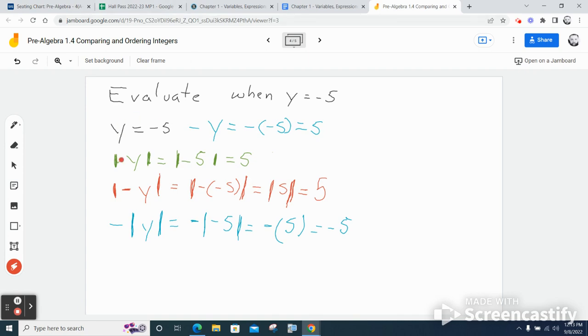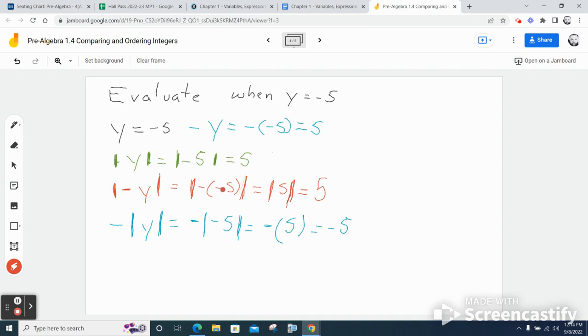Now what they want us to do is take the absolute value of -y. So I'm going to draw my absolute value brackets. Those are the lines that are going straight up and down. They're vertical. And I'm going to put my negative sign because I have a negative sign here. And then wherever there was a y in parentheses, I'm going to put -5. This is where the y gets plugged in.